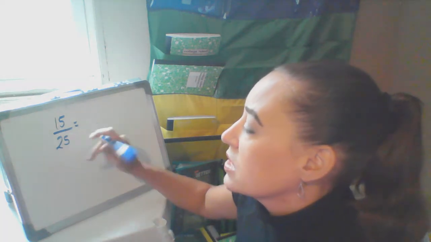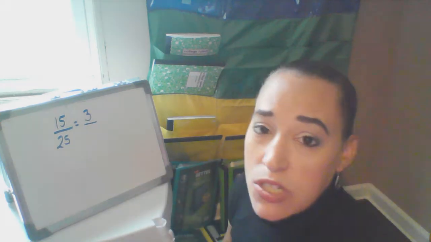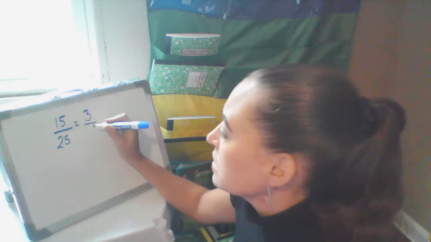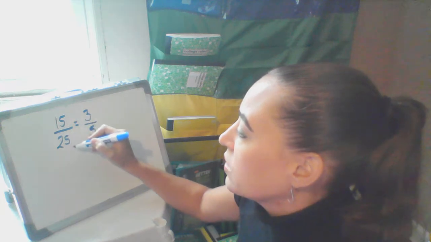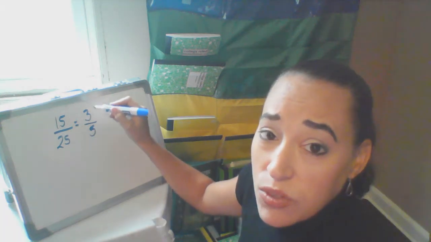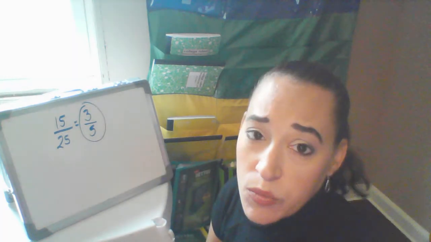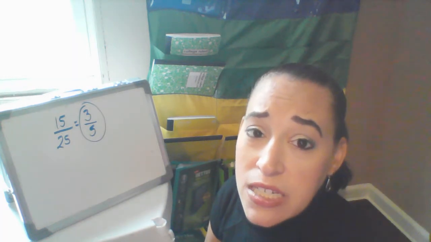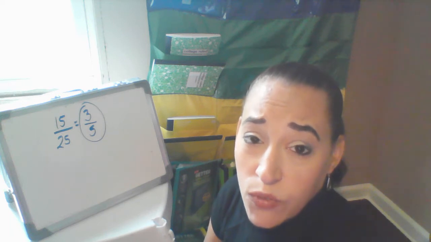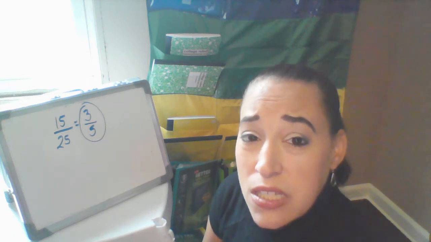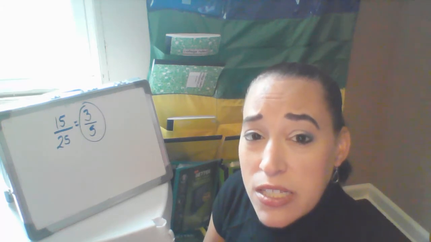So 5 goes into 15 3 times. 5 goes into 25 5 times. So again, 15 over 25 is the same thing as saying 3 over 5. This is in the most simplified form, which again, on every exam, your final answer has to be in. So that's what this lesson's all about, just teaching you and reminding you how to simplify.